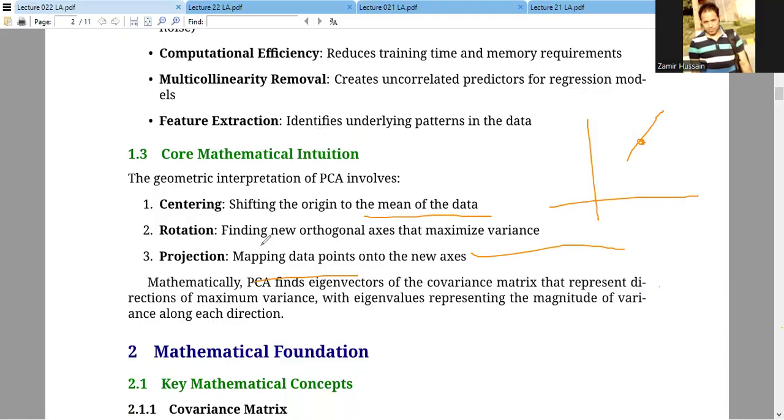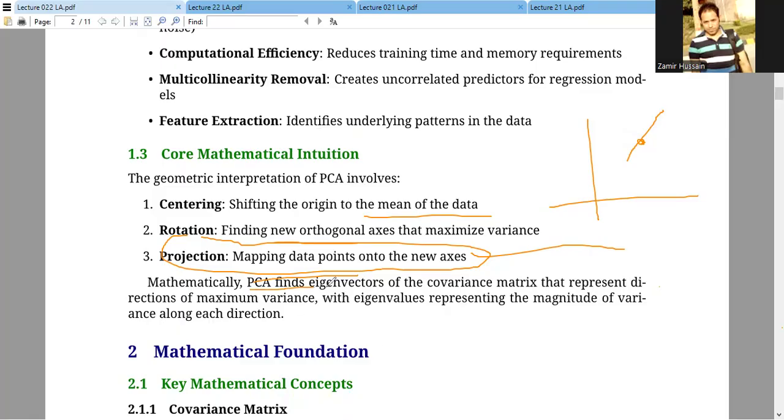Then rotation, finding new orthogonal axes with maximum variance. Finally, we discuss the new mapping or projection, how to convert, for example, 10-feature data into two-dimensional data, while all the sensitive information is preserved.